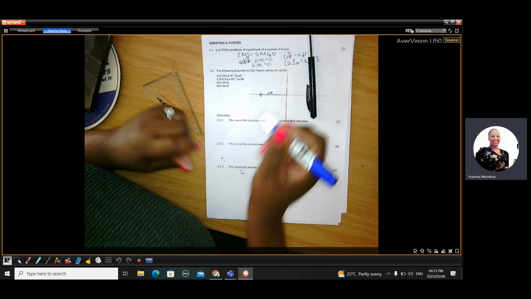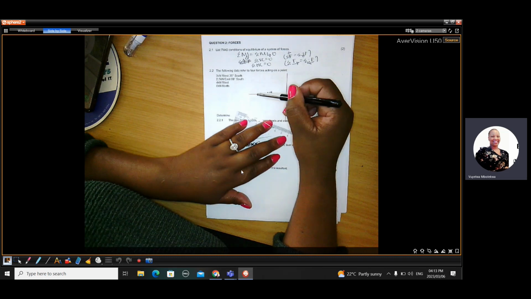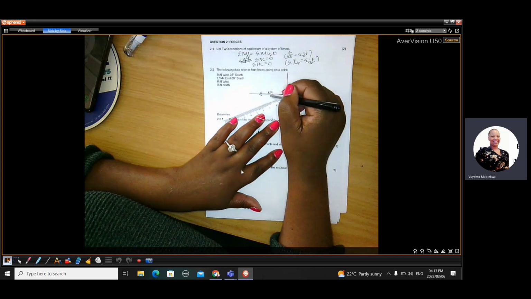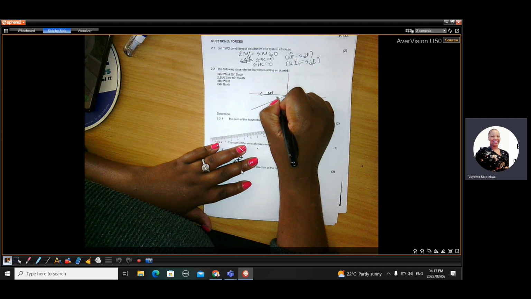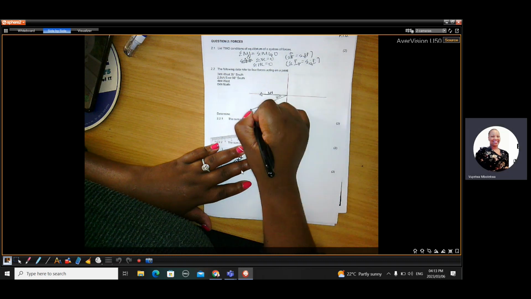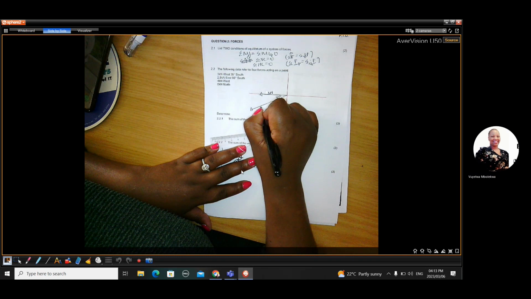So the 3 kilonewtons west of south, it's this way, 35 degrees west towards south. So the 35 degrees is here. That is the 3 kilonewton force.